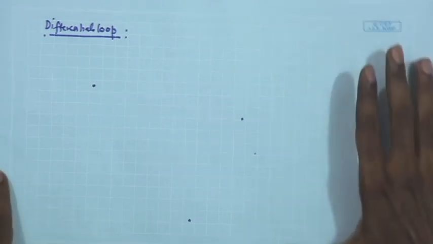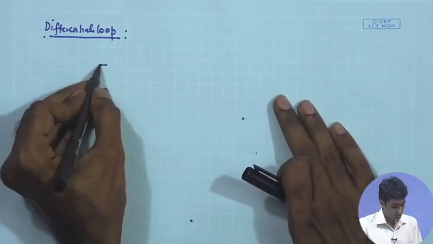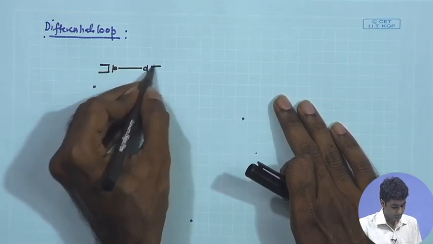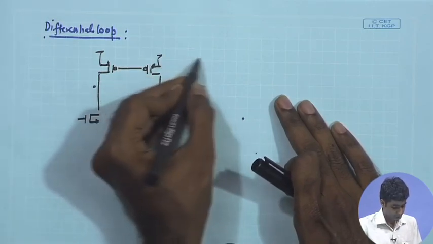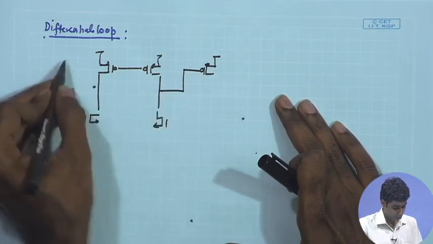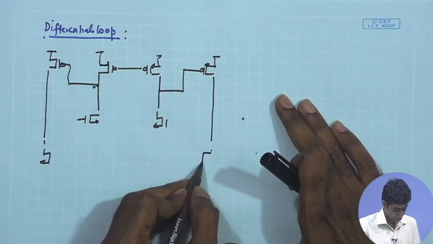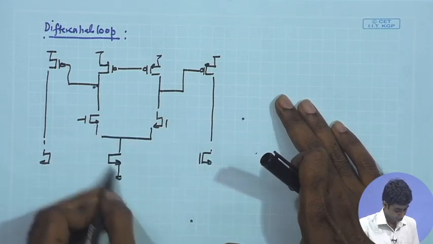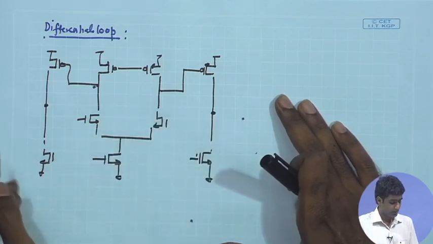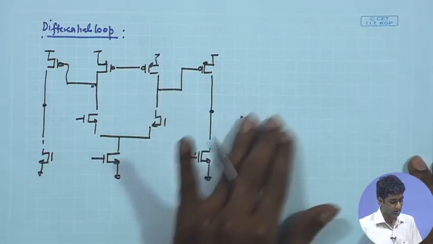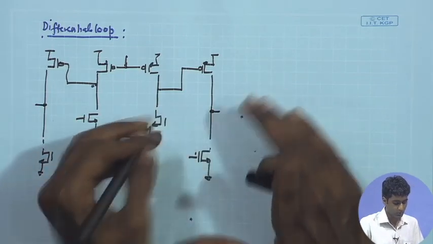For the differential loop, if I look at the overall scheme, so for the differential loop, if we assume that you have the same common mode loop for both of them and you have stabilized the common mode, so that this point is at the DC potential required to maintain an output common mode voltage equal to the required value.